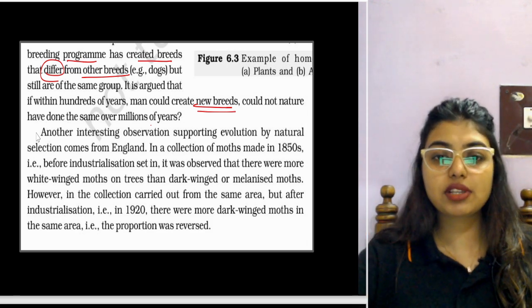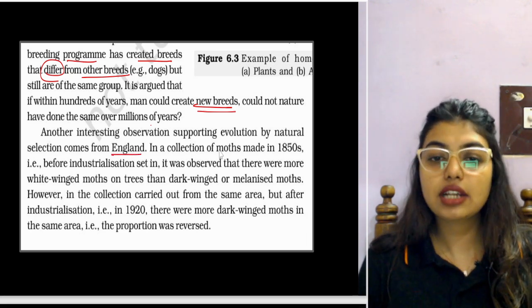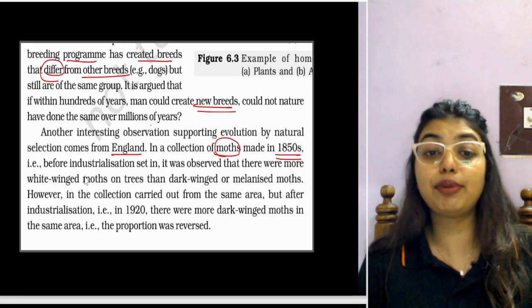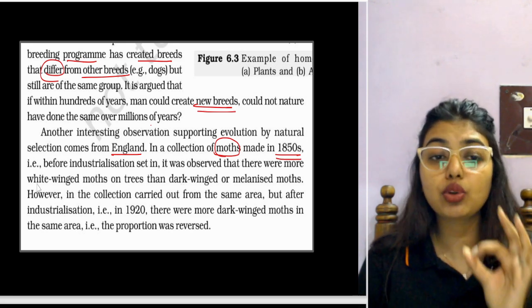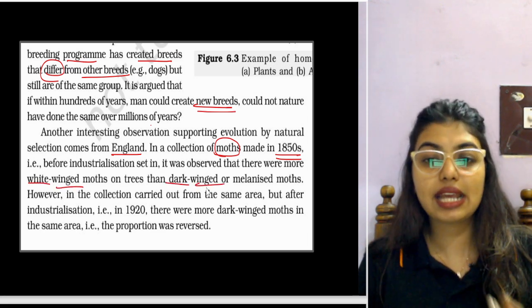Another interesting observation supporting evolution by natural selection comes from England. In a collection of moths made in 1850, that is before industrialization set in, it was observed that there were more white-winged moths on the trees than dark-winged or melanized moths.